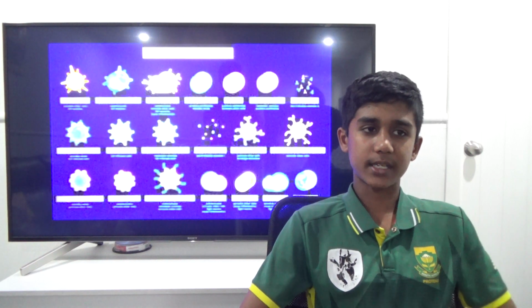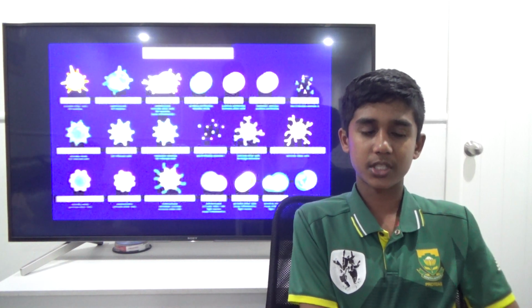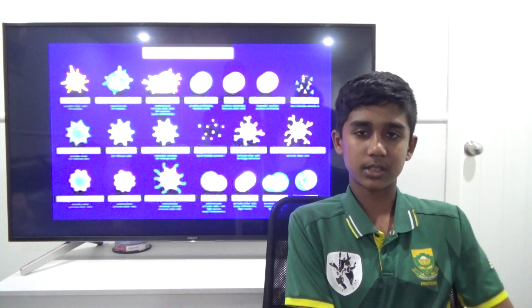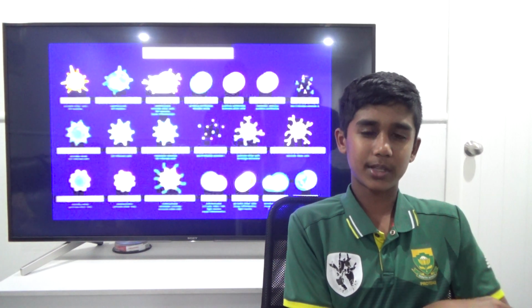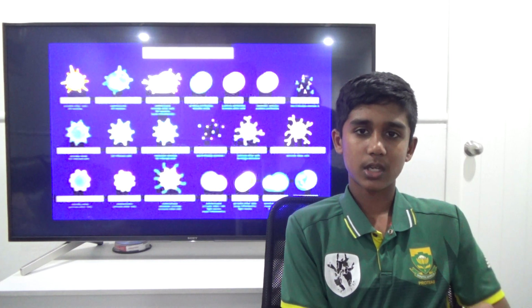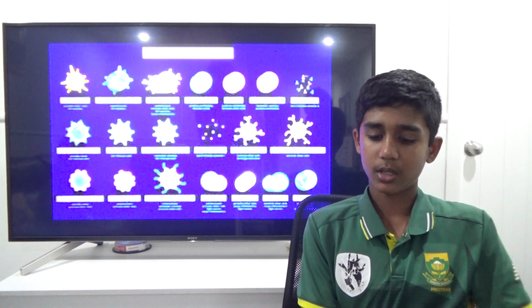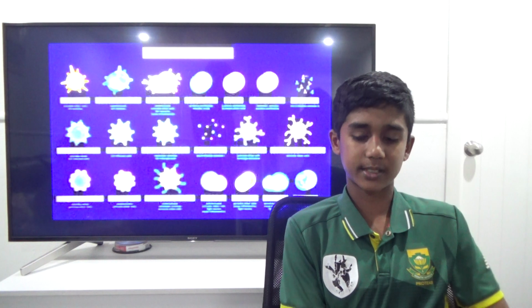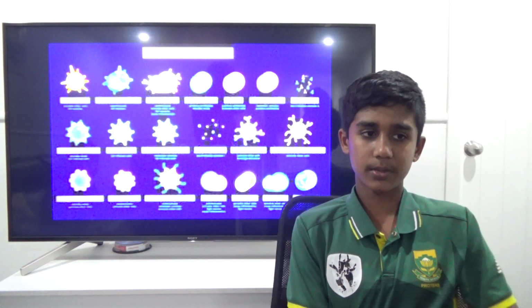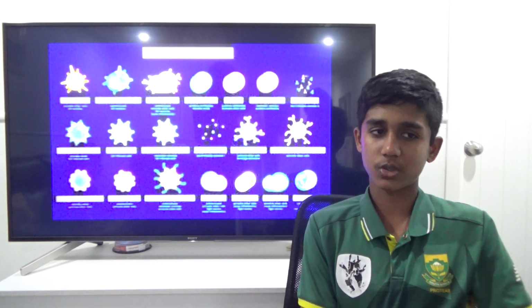The phagocytes detect pathogens by chemotaxis, because chemotaxis is when the pathogens produce a special chemical, and the special chemical is easily noticed, and then the phagocytes surround the pathogens, and the chemicals in the phagocytes destroy the pathogens.